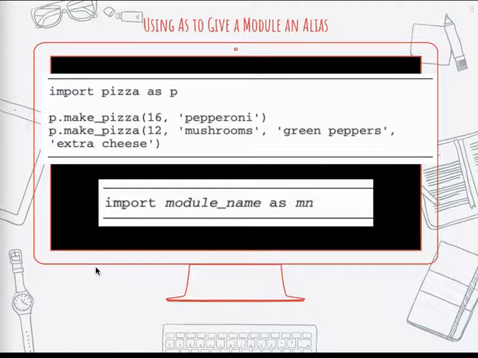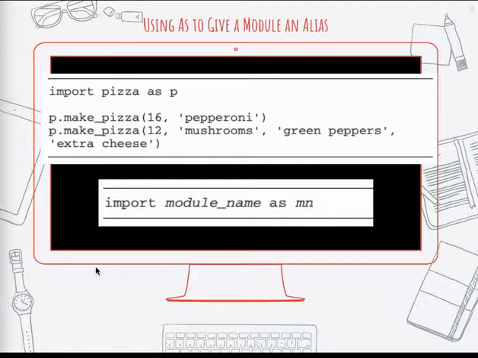Calling the functions by writing p.makePizza is not only more concise than writing pizza.makePizza, but also redirects your attention from the module name and allows you to focus on the descriptive names of its functions. These function names, which clearly tell you what each function does, are more important to the readability of your code than using the full module name.